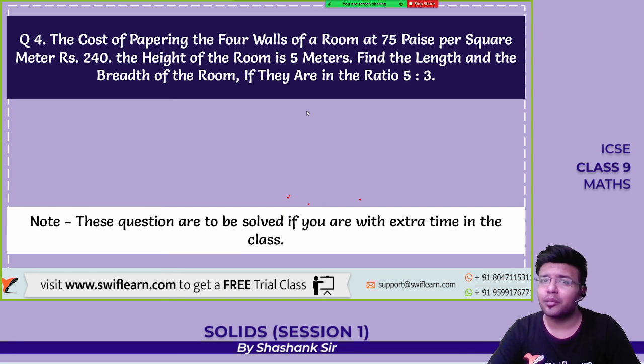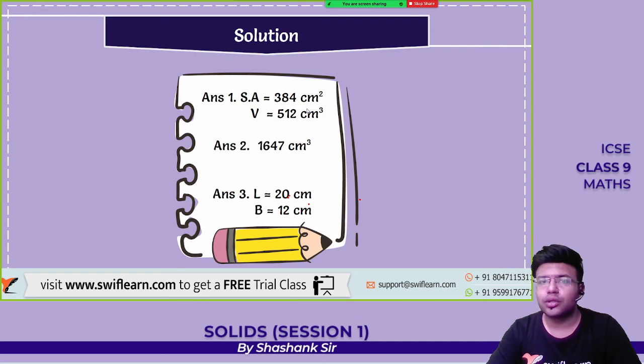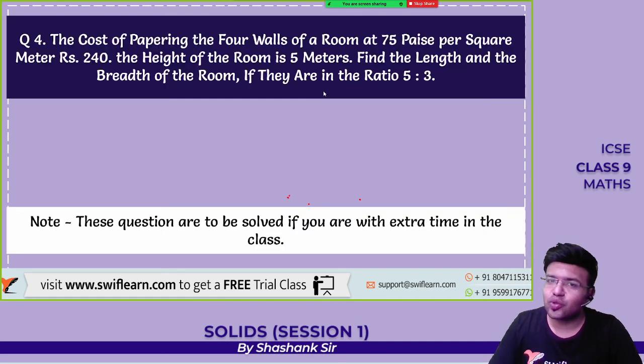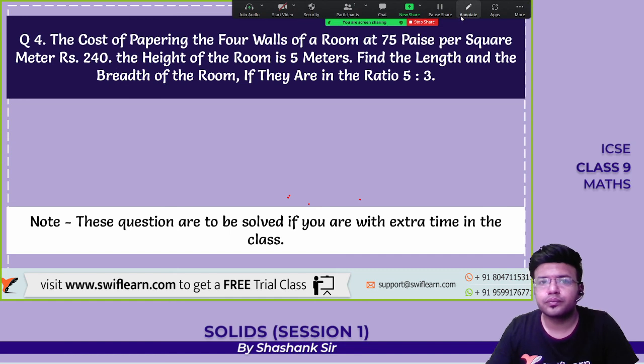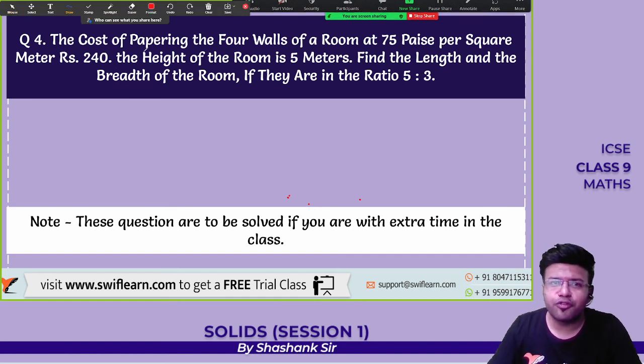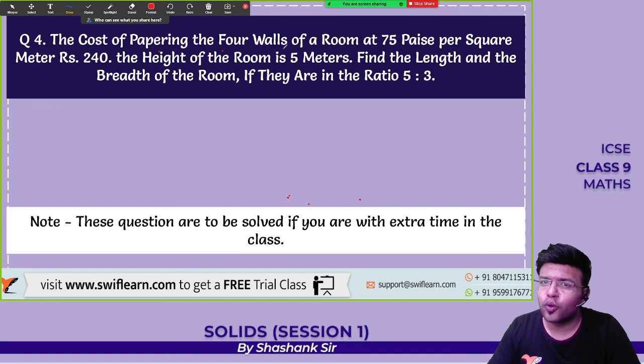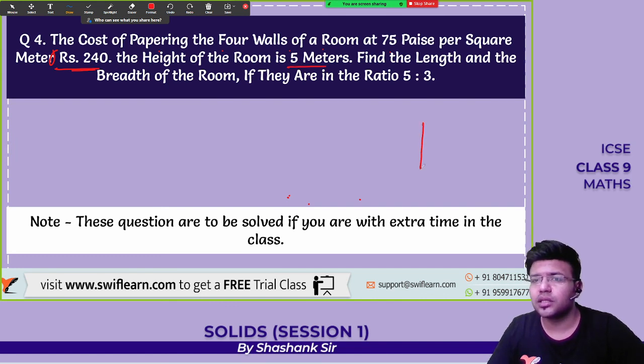Find the length and the breadth of the room if they are in the ratio of 5 is to 3.